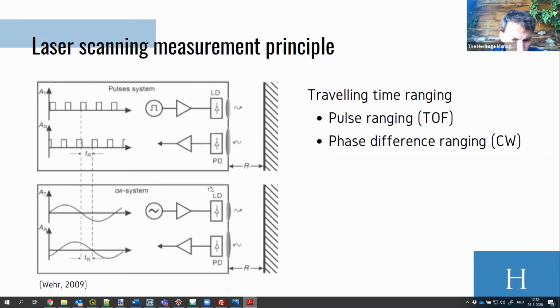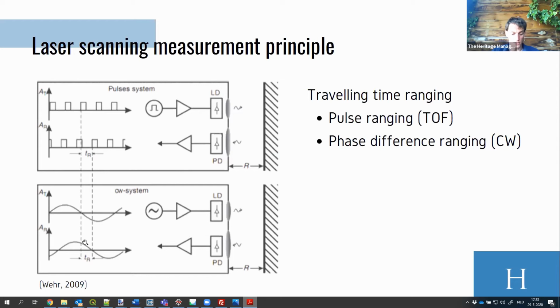In the system that you see here, also with a simple graph, we don't emit a pulse, but we emit a continuous wave. And based on the phase shift of that continuous wave, we can find the distance between our sensor and the reflectant.